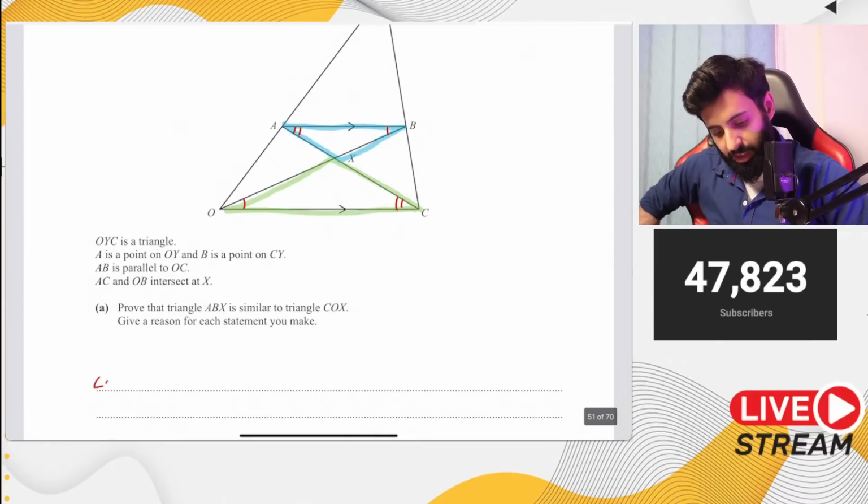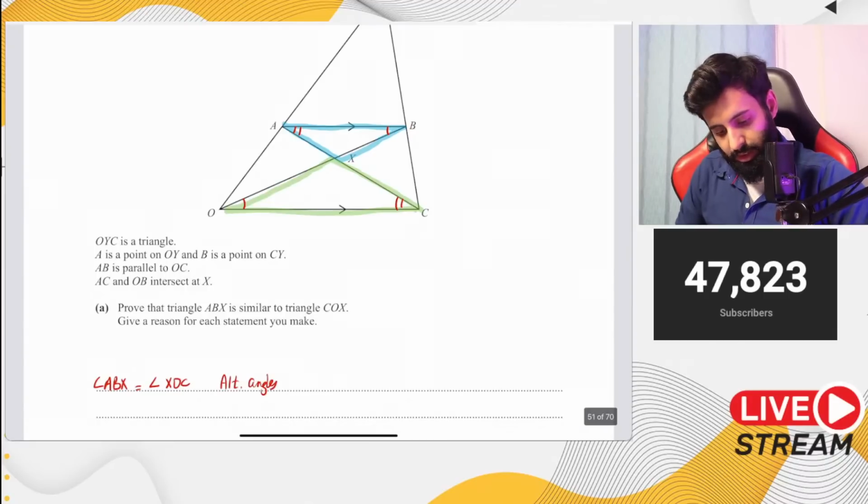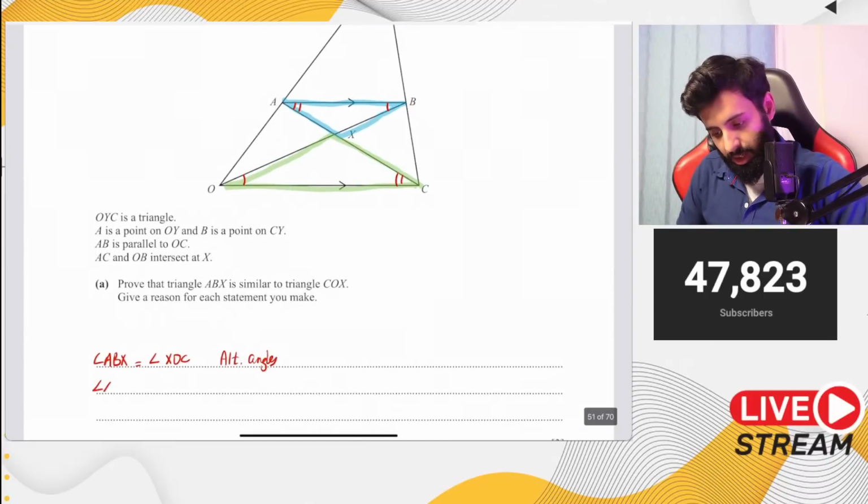So angle ABX is going to be equal to angle XOC. And what's the reason behind that? Alternating angles. And then angle XAB is going to be equal to angle XCO. And the reason is again alternating angles.